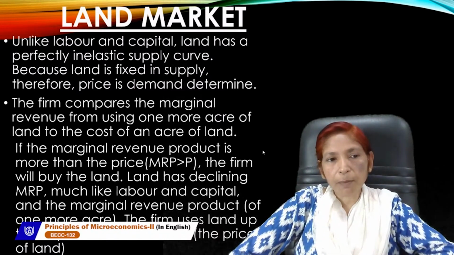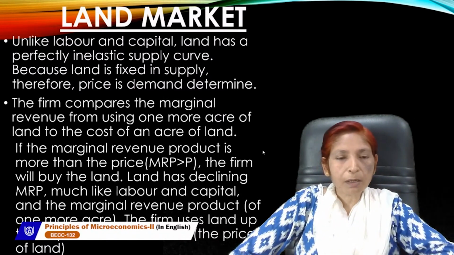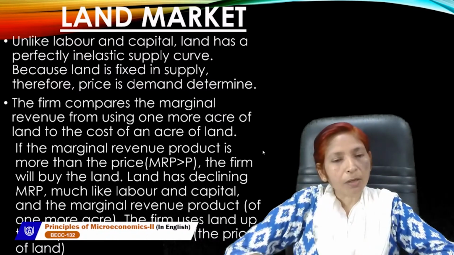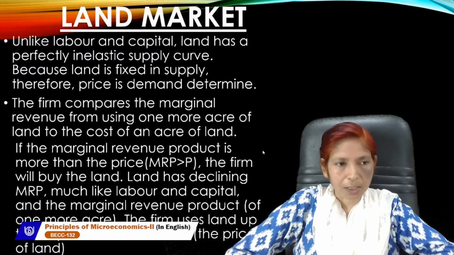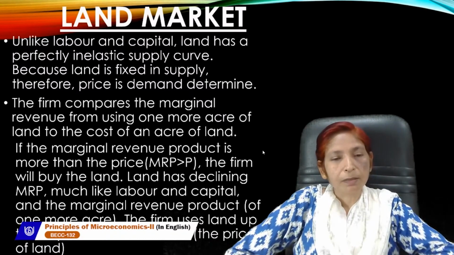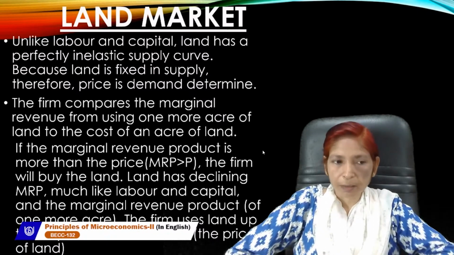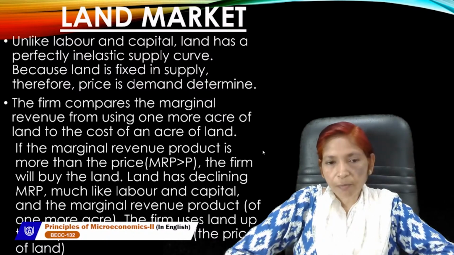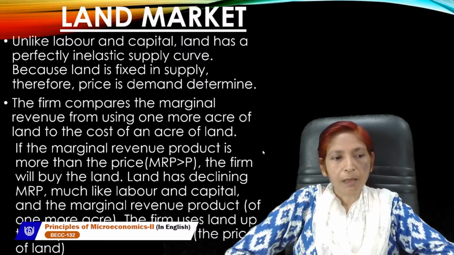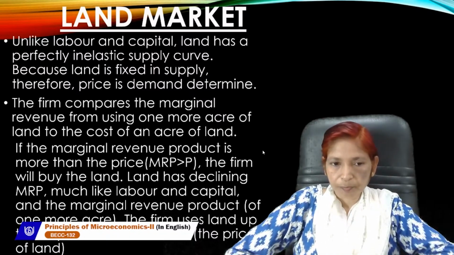Next, the firm compares the marginal revenue from using one more acre of land to the cost of an acre of land. Here, marginal revenue means the firm compares how much revenue we are getting from using one more unit of land area. If the marginal revenue product is more than the price, the firm will buy the land.